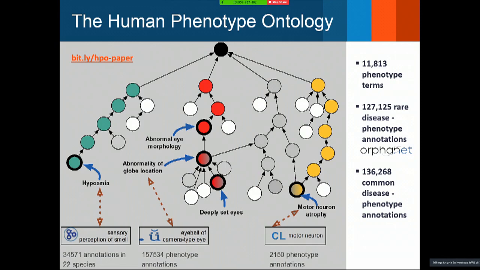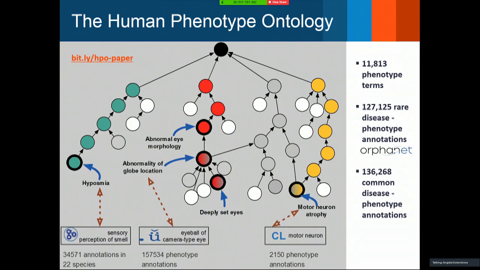Here we would represent a patient or a disease as having a set of nodes in a graph. So this patient or disease might have the phenotype of hyposmia, deeply set eyes, motor neuron atrophy, where essentially the collection of nodes in the graph that represents that patient is a sort of phenoprint. It's the characteristic phenotypic profile of that patient, but it's represented in a computable way.